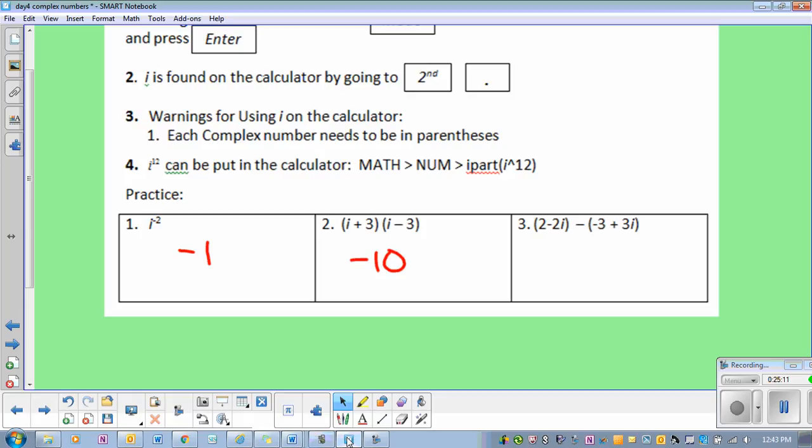All right, try number 3. When you're done with that, go to the back. Try all of those. You should be able to get all of those done. For number 3, you should have 5 minus 5i. Yes? Okay.